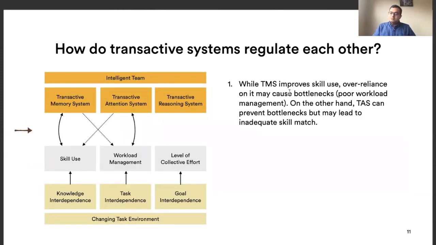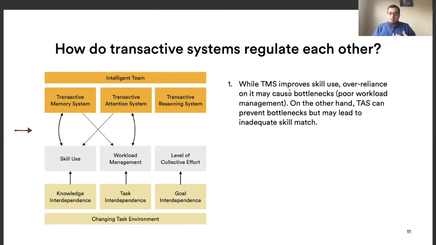Now, we've talked about three different systems. One that allows us to understand who knows what, one that figures out who is doing what, and finally, who needs what, the transactive reasoning system. In addition to adapting to changing complexities in the task, these three systems are also regulating each other. They are forming a dynamic equilibrium, for those who come from a more systems background.